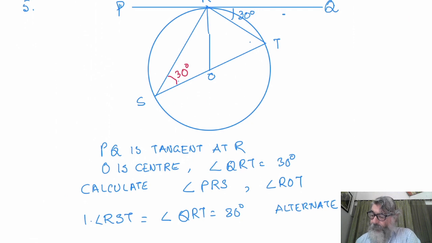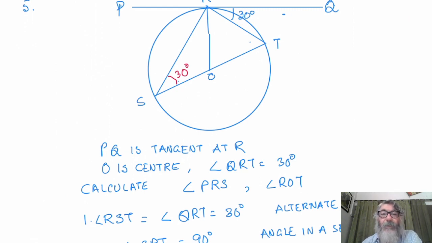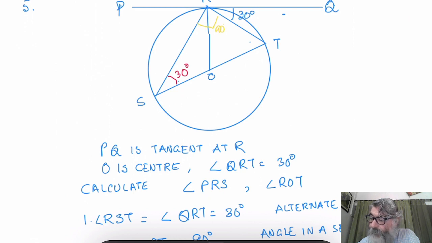First thing, ST is the diameter, so angle SRT will be 90 degrees. Angle in a semicircle. This angle will be 90 degrees. Let me write it. This angle is 90 degrees.